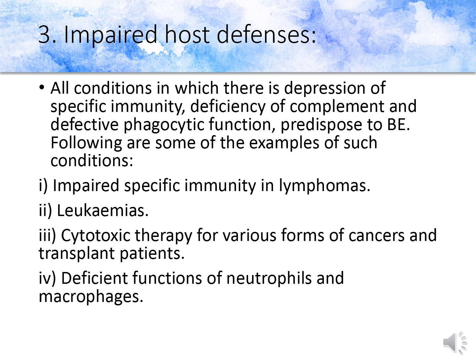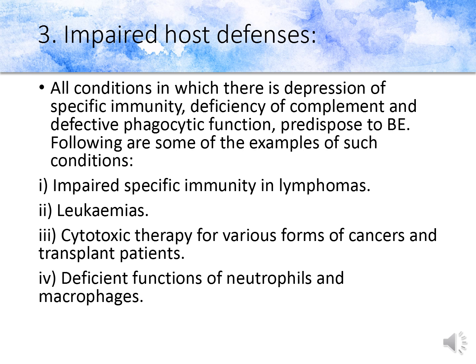The impaired host defenses may affect the outcome of the disease. All conditions in which there is depression of specific immunity, deficiency of complement, and defective phagocytic function, all of them predispose to bacterial endocarditis. Following are some examples of such conditions.